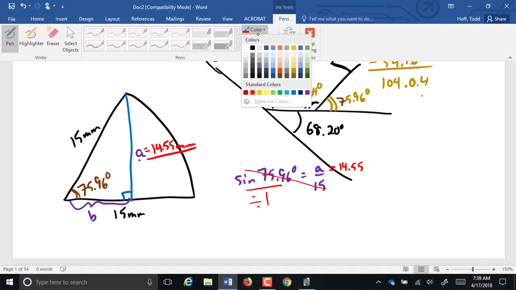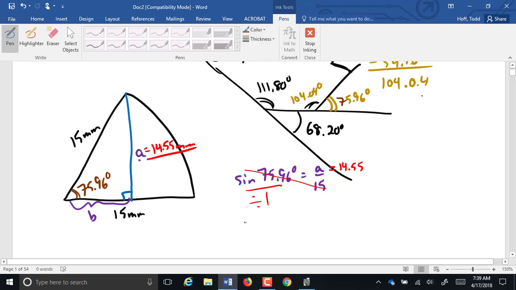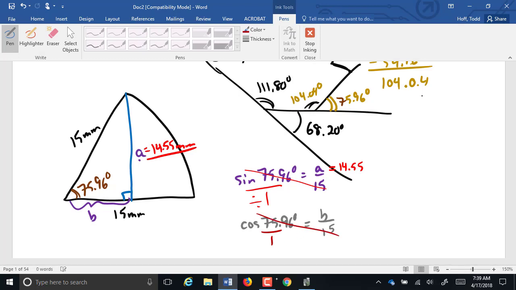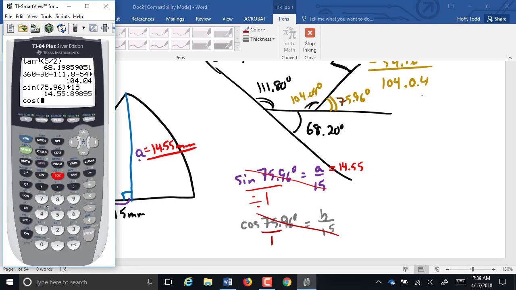B is going to be from the cosine, because that is the adjacent side. So it'll be cosine 75.96. Make sure you close the parentheses, times 15 divided by 1.